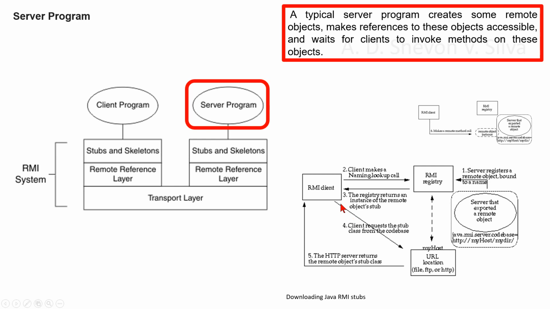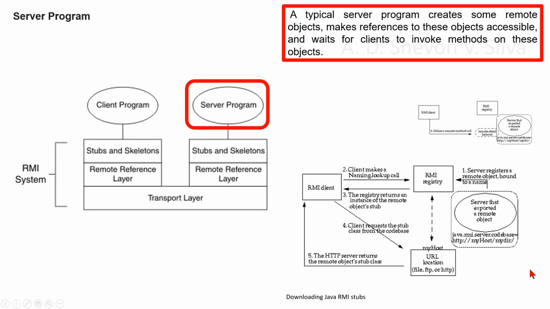Rather than having to program the client to speak the remote object's protocol, Java RMI uses special classes called stubs that can be downloaded to the client and are used to make method calls on the remote object.